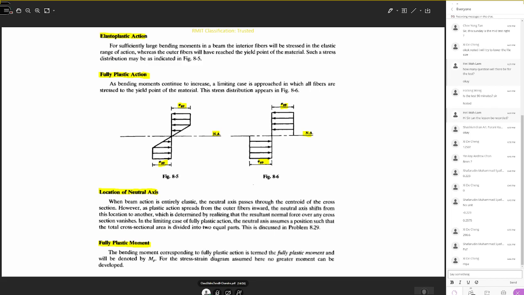You may just go through this description here. Pay attention here. When the load is acting on the material, you can see the material deforms from the upper fibers and from the bottom fibers. In this figure, you can see part of the material at the top and bottom. This is your neutral axis.